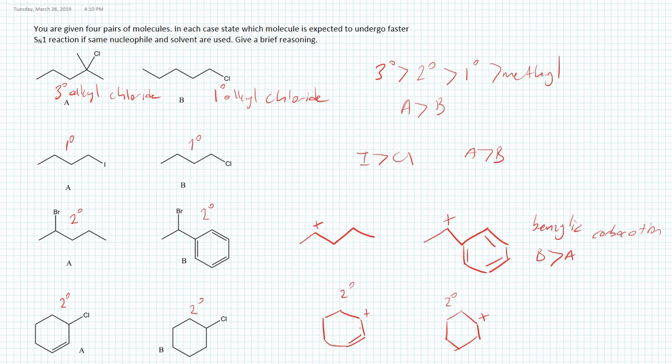So if we move the double bond here, the positive charge will move to this carbon, and basically we are delocalizing the positive charge, and it gives rise to more stability. So this carbocation is known as an allylic carbocation. So let's write A is going to react faster than B because A is going to produce a more stable carbocation.